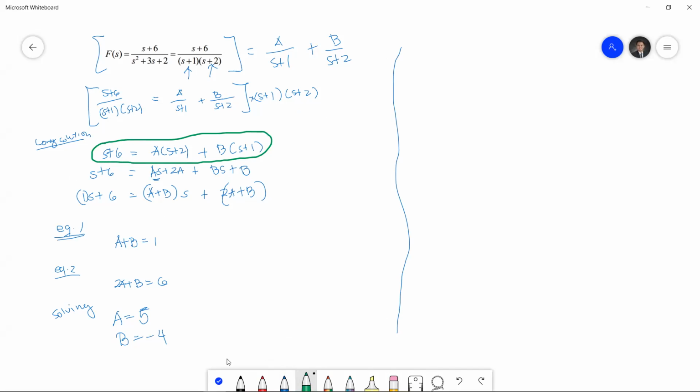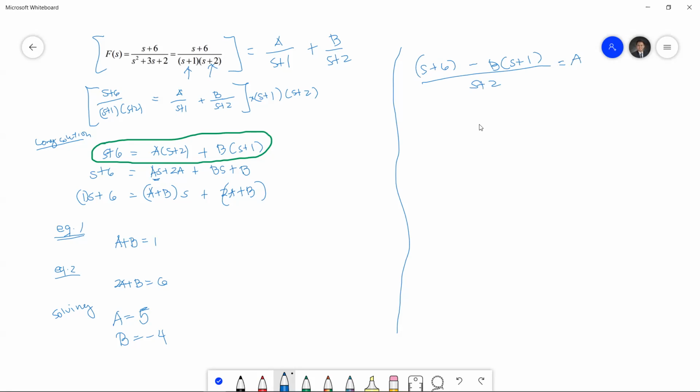Ayan. Okay. So, to solve for A over S plus 2, okay, sorry. To solve for A, tama ba na this is equivalent to S plus 6 minus B (S plus 1) all over S plus 2. Okay? So, that is A. Tama ba na yan yung value of A?